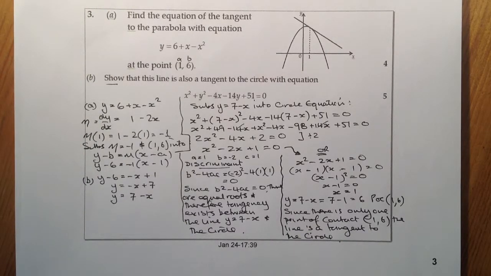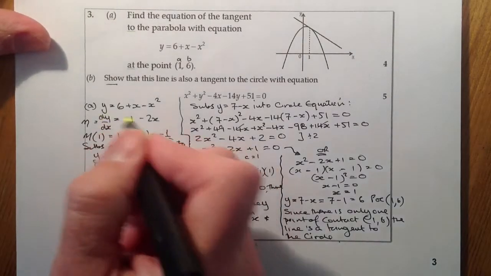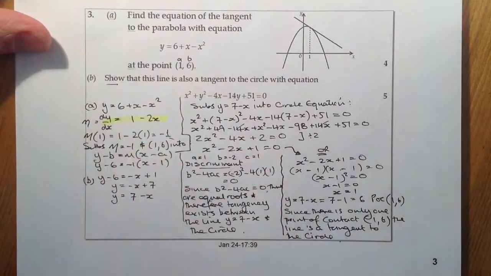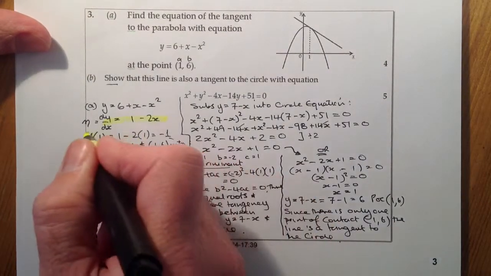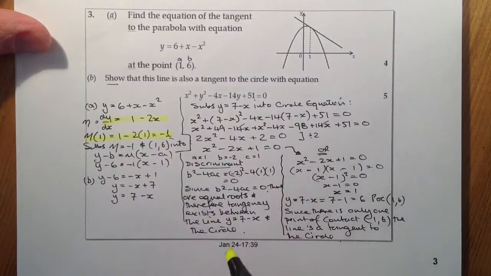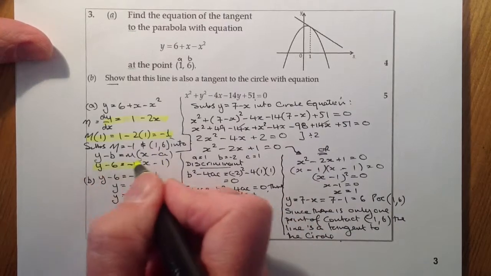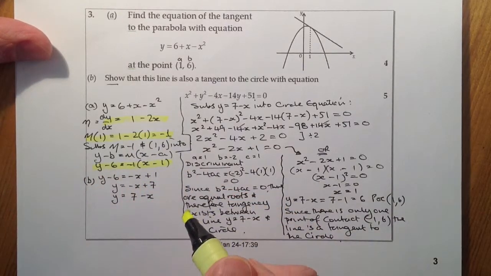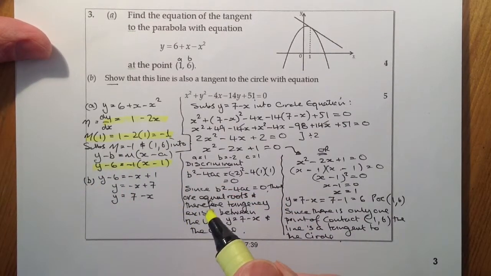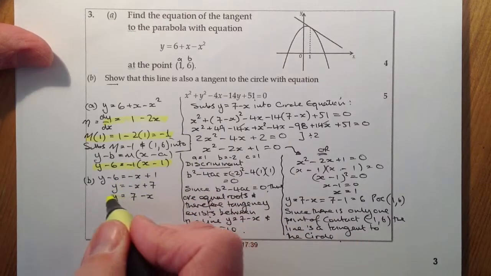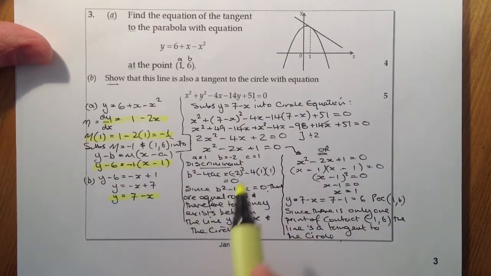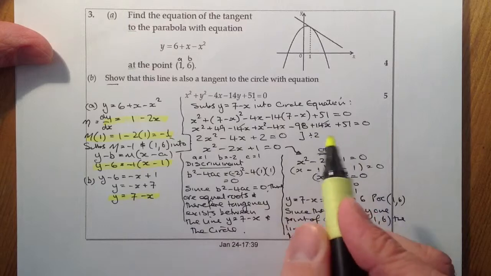Let's see how we'll go ahead and mark this one. First mark would be for straight differentiating, that one there. Next mark would be for getting the gradient. Third mark for getting the equation of the straight line, which is that one there. And for part B, I'll give 1 mark for rearranging it into a form where we can substitute it into the circle.